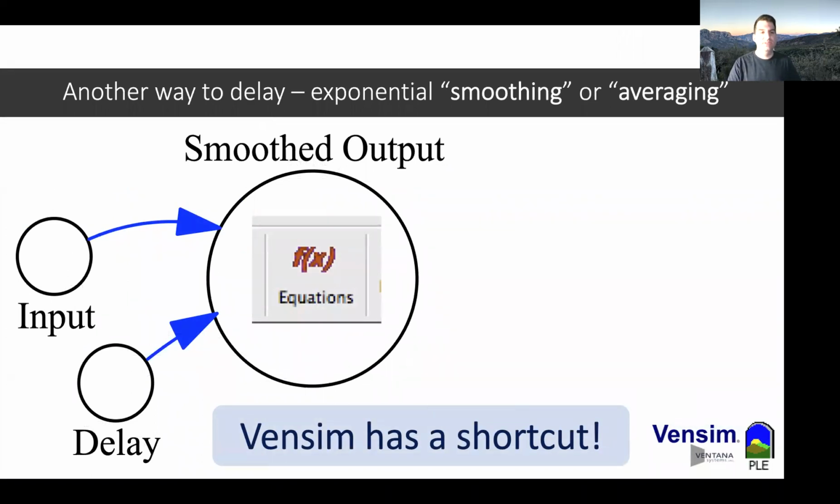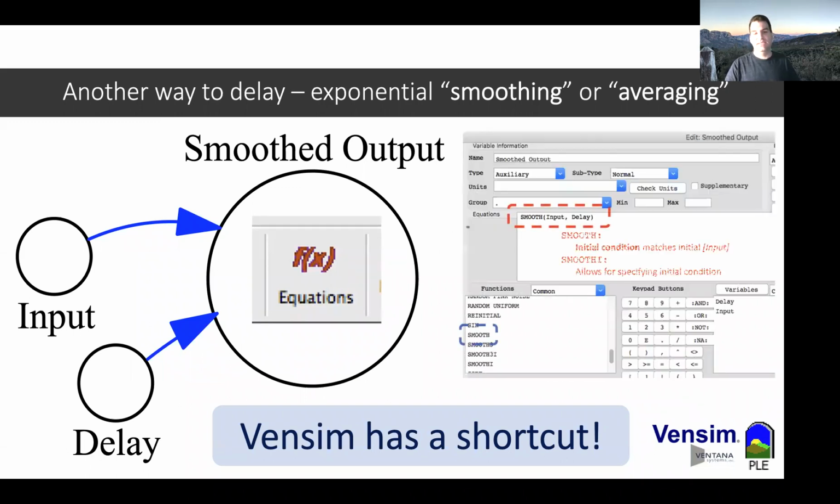Go into the equations, scroll down into the functions in Vensim, and you will find smooth. Smooth has an input and a delay. The input is the driving variable. The delay is the average delay that's going to create the smoothing.